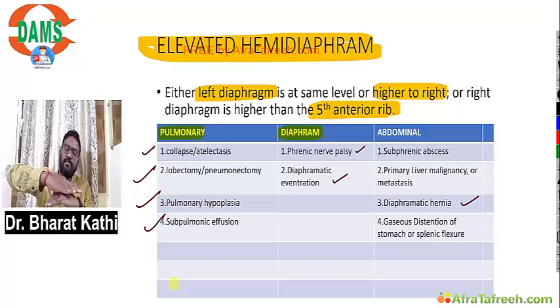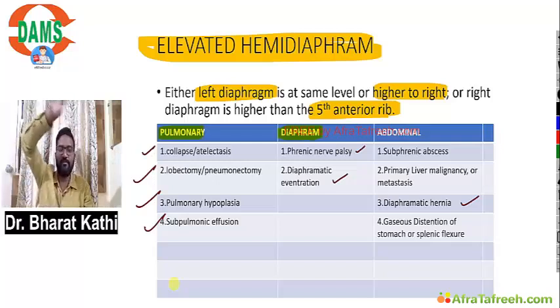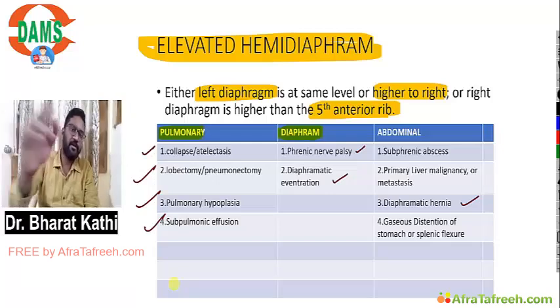The pleura is above the diaphragm only, so as fluid accumulates in the diaphragmatic pleura, you feel as if the diaphragm has come up. Actually it is not due to the diaphragm coming up, it is due to the fluid contour. Then phrenic nerve palsy, diaphragmatic eventration. So these are the causes of elevated hemidiaphragm.